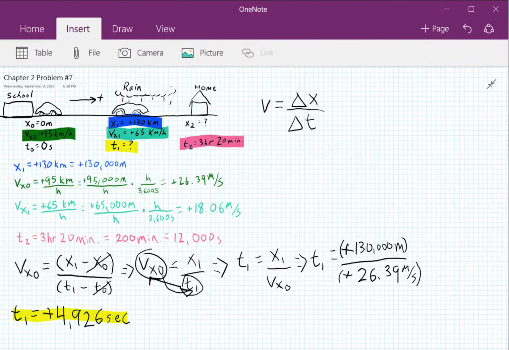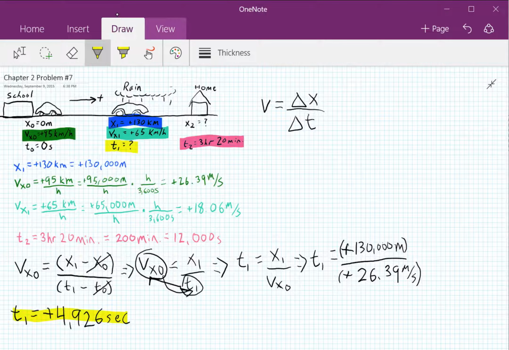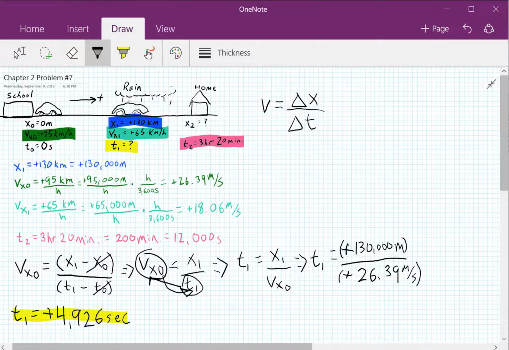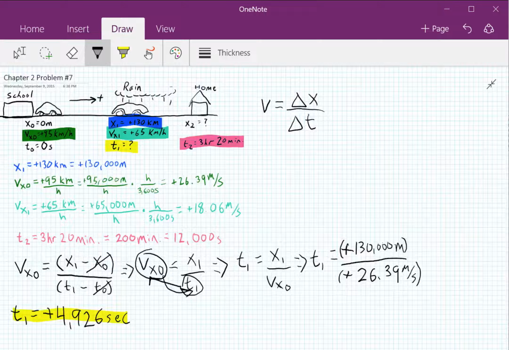Okay, let me show that algebraically actually. So the new equation that I'm describing is that the total time, so you can write it multiple ways. You can just say t total is going to equal, so I'm saying that t total is the whole time it takes, so that means it equals t2.